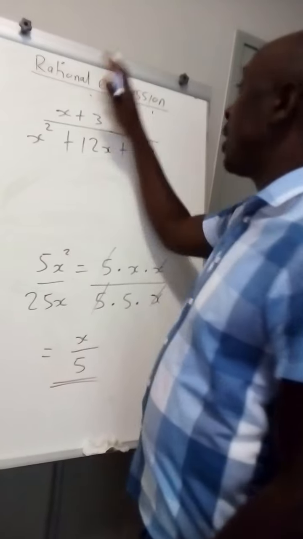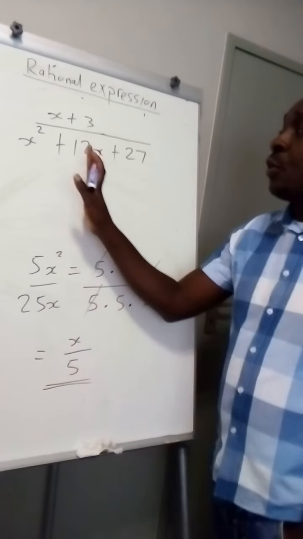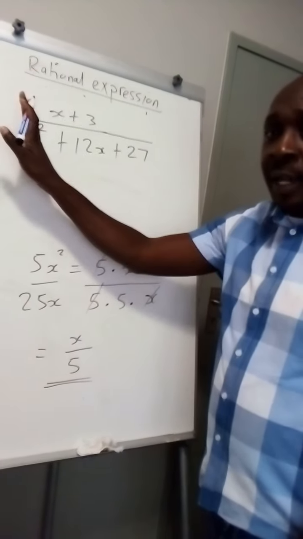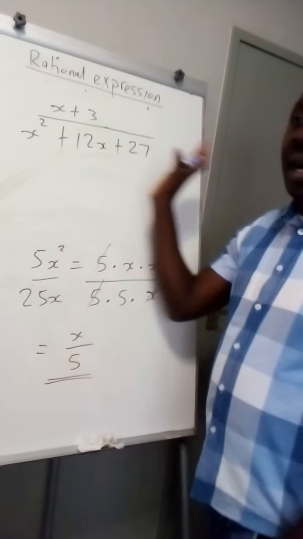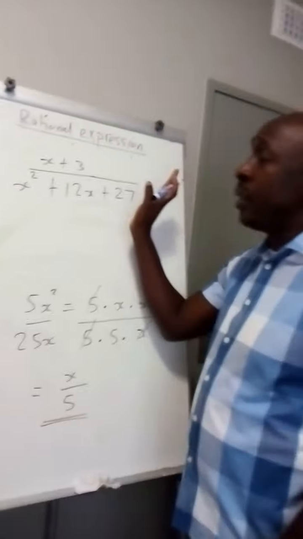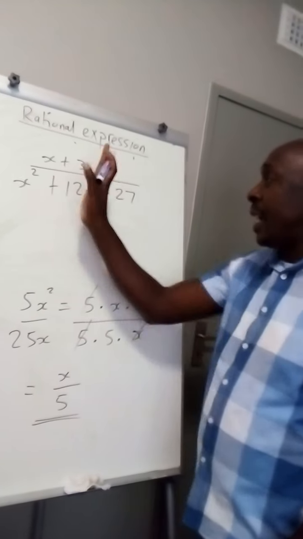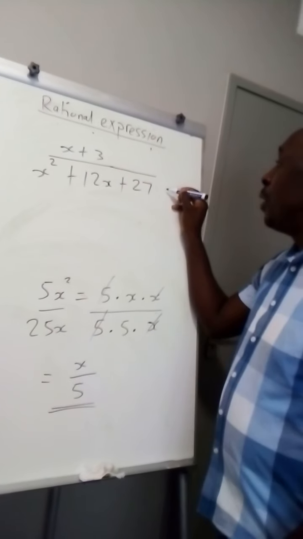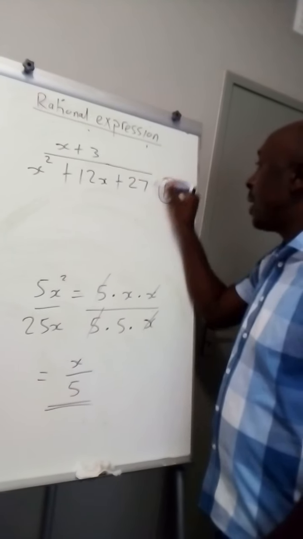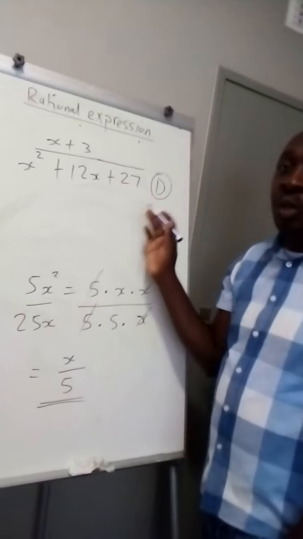This is a rational expression. When you simplify this, post it on the discussion board, then we'll discuss all the other possible values. But the first thing, remember, you must get the domain of this expression. Then you continue with the rest.